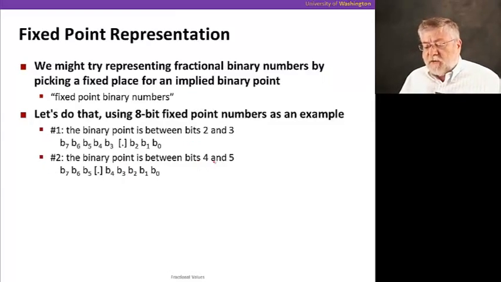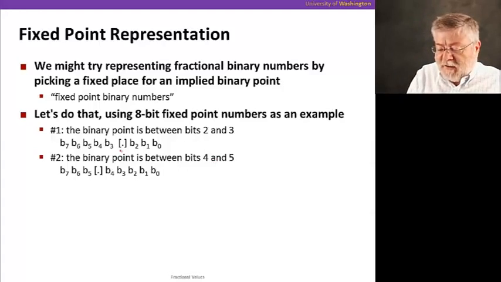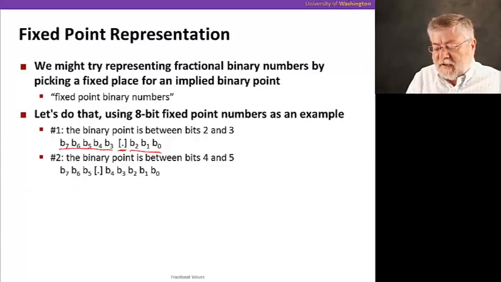All right. So fixed point representation is when we decide to represent fractional binary numbers by picking a place for the binary point and fixing it there, always putting it in that location. So we have to decide where to put it. If we're looking at 8-bit fixed point numbers, again just to keep the example small, we can decide to put the binary point so that it has 3 bits to the right and 5 bits to the left.